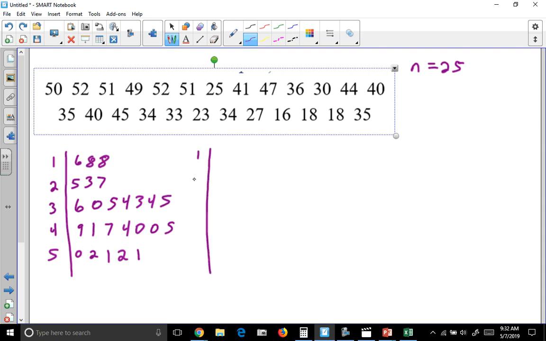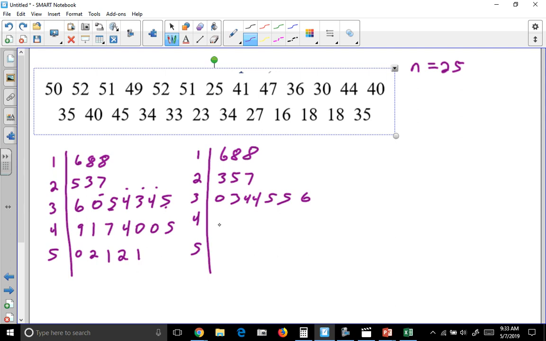So now let's put those in order. So the first row is in order. The second row we would do 3, then 5, then 7. The third row we would have 0, then a 3, then 2 4s, then 2 5s, and a 6.